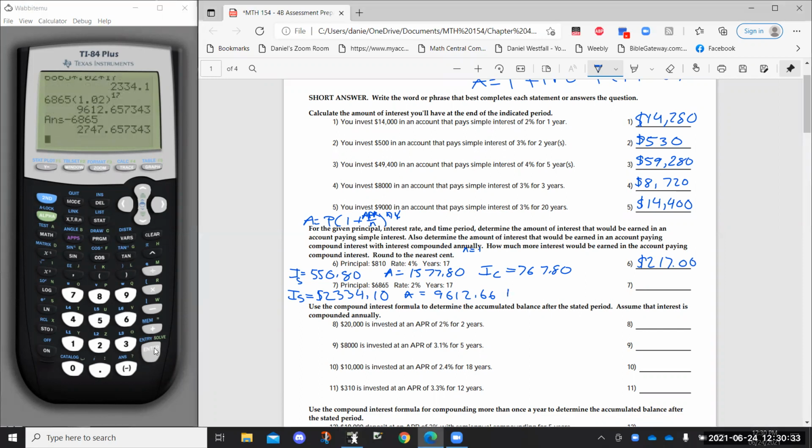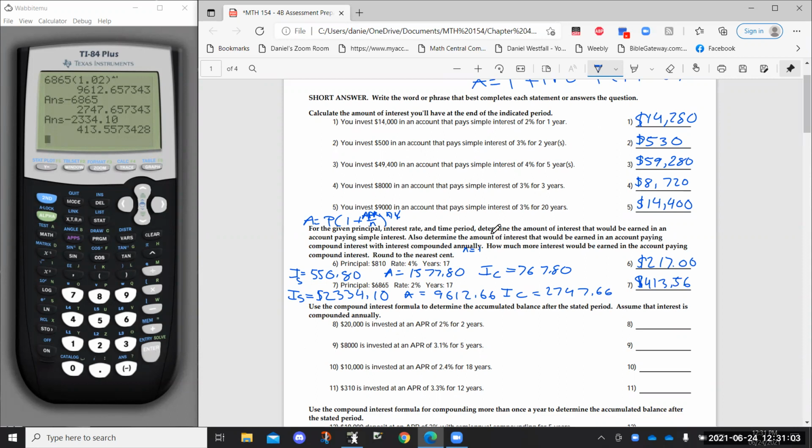It means I had a compound interest of 27.4766. And then I'm going to subtract out my simple interest from that to find the difference. And my difference here, to the nearest cent, is going to be $413.56.